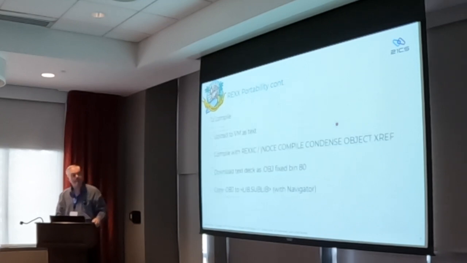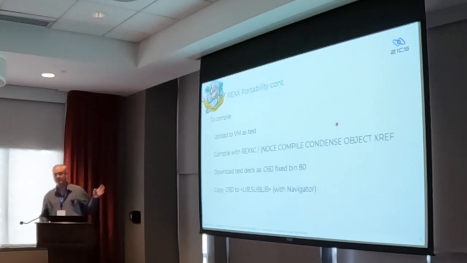Then to compile it, I took the same Rex code, uploaded it to VM, and compiled it with the VM Rex compiler. A trick is that you have to use certain options, and I don't know where these are documented anymore.